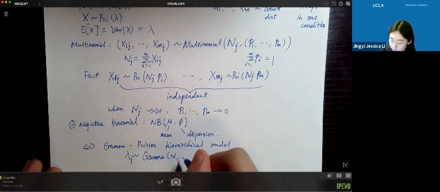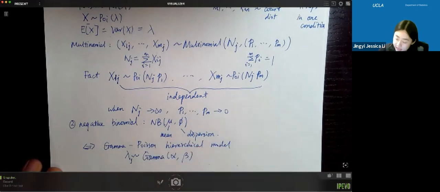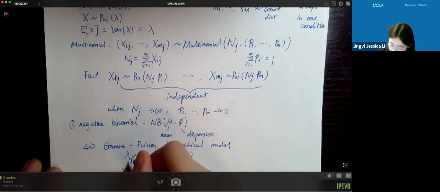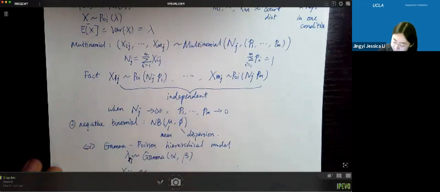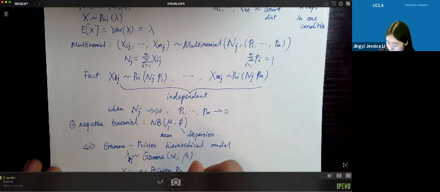Gamma has two parameters, alpha and beta. Then my Xij would be drawn from Poisson with lambda ij.